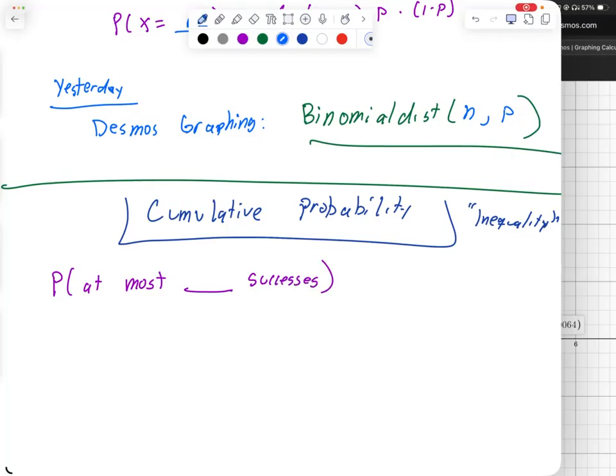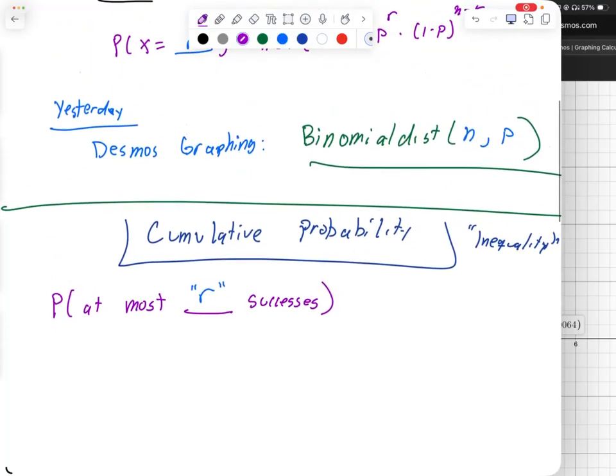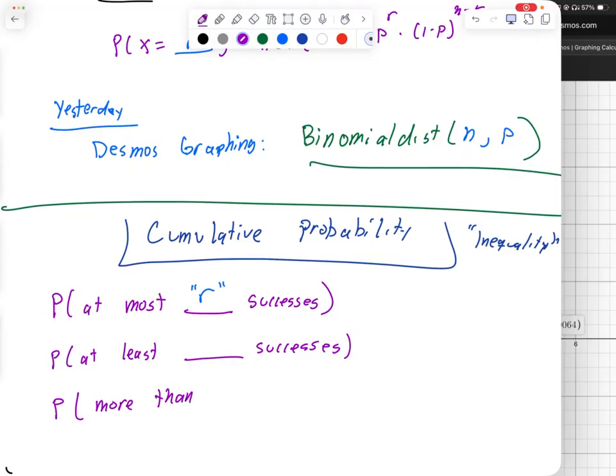At most, whatever the r value is. The second type is, what is the probability that you'll get at least blank successes? The third is the probability of more than blank successes. And the last one is the probability of less than blank successes.